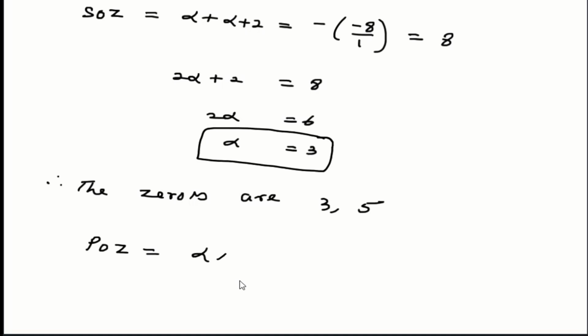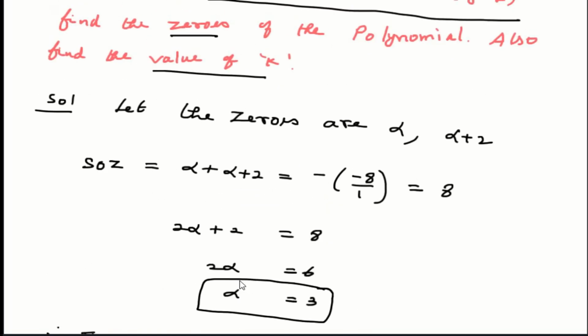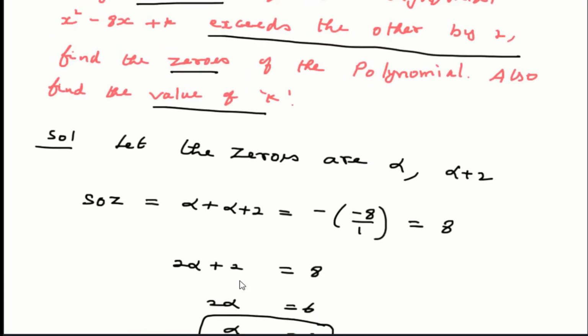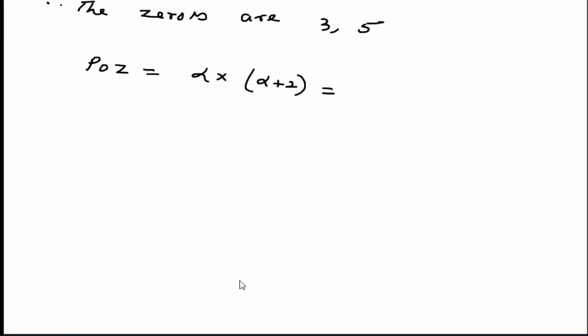Product of zeros is alpha into alpha plus 2, which is equal to C by A, that is K by 1. K by 1, that is alpha, I know it is 3, alpha plus 2 is 5, is equal to K. So K value is 15.